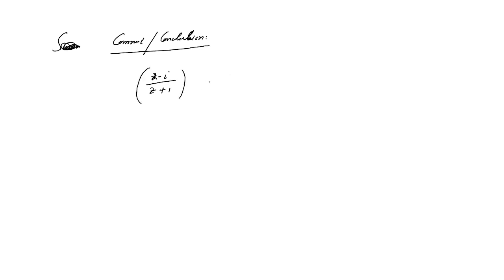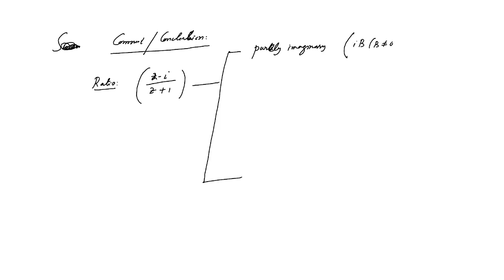If it is purely imaginary, just think about this ratio, and on the basis of this ratio we will conclude that if the ratio is purely imaginary, that means it is in the form of ib, where b not equal to 0, then it implies z lies on a circle in the complex plane.